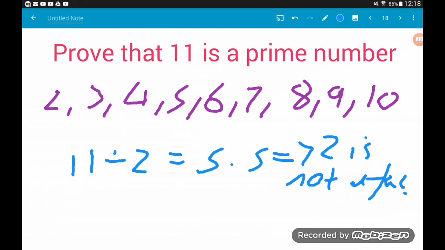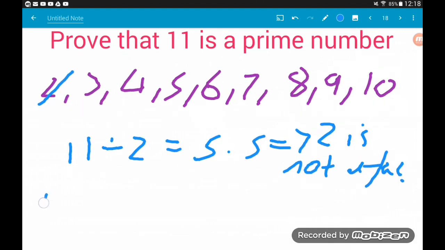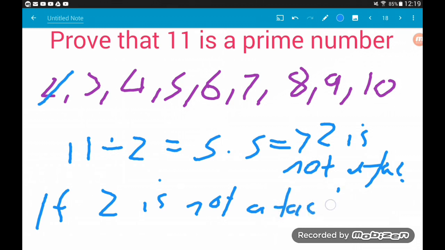So, we can cross 2 off of our list. What we can also do is think about the implications that this has. If 2 is not a factor, well, what does it mean?